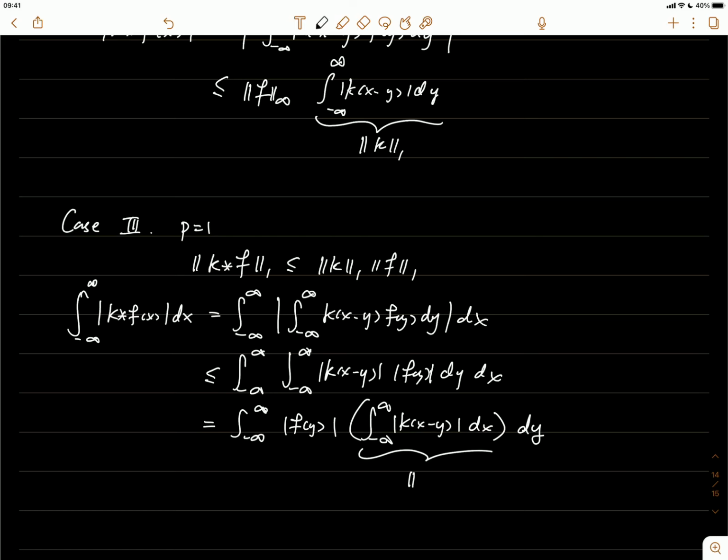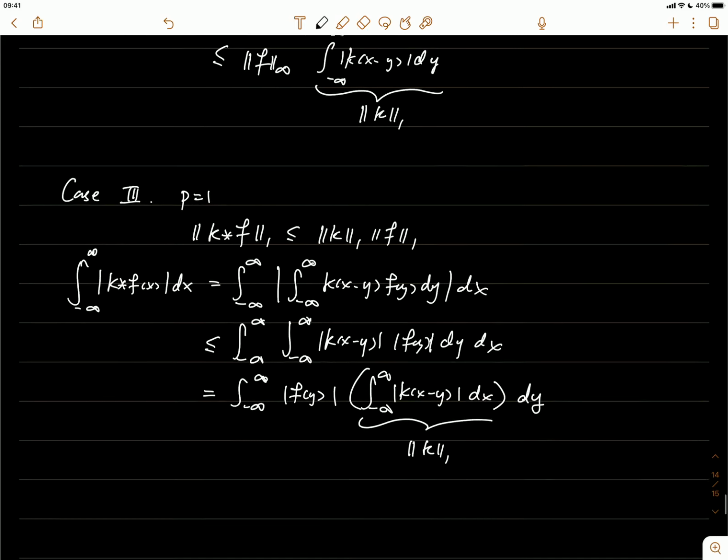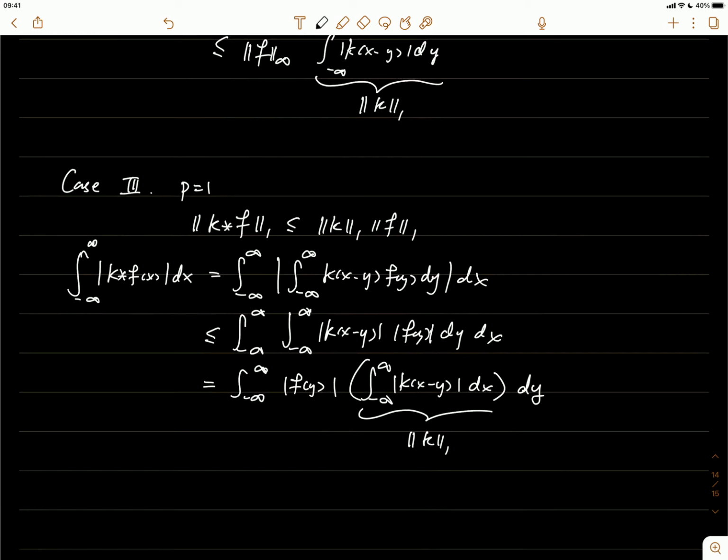This part here gives us the 1 norm of k, and what is left is just the 1 norm of f. So it's equal to the 1 norm of k times the 1 norm of f. Okay, and that is exactly what we want to show, because the left-hand side is equal to that, and that is bounded by the right-hand side.